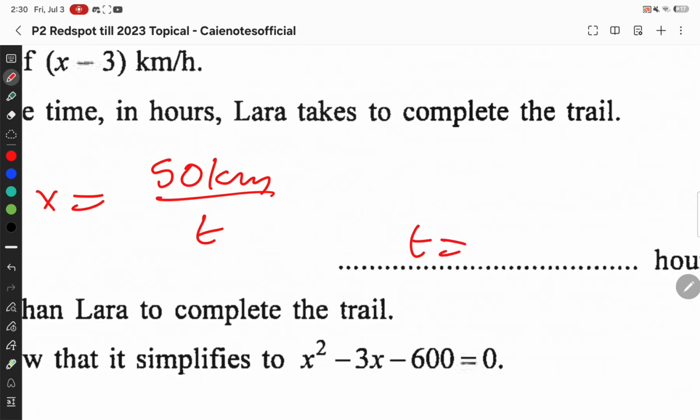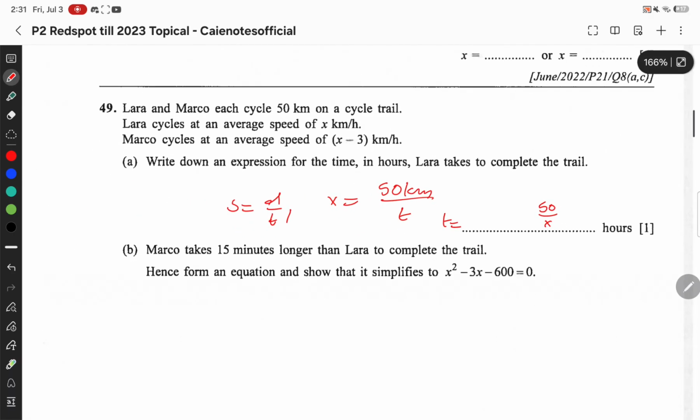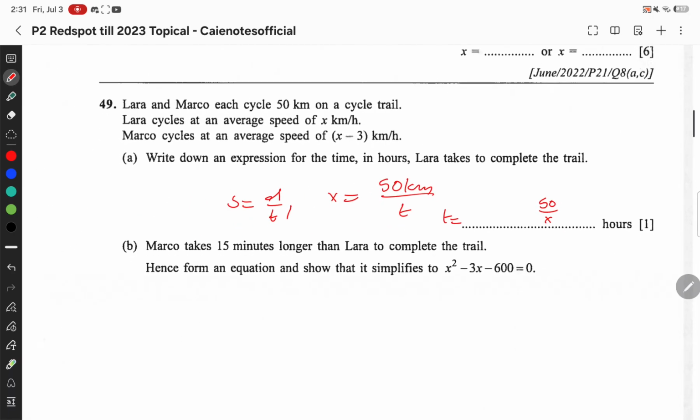T is equal to 50 kilometers over x kilometers an hour, which simplifies to just hours. So T is equal to 50 over x hours. That's how long Lara takes to complete it.